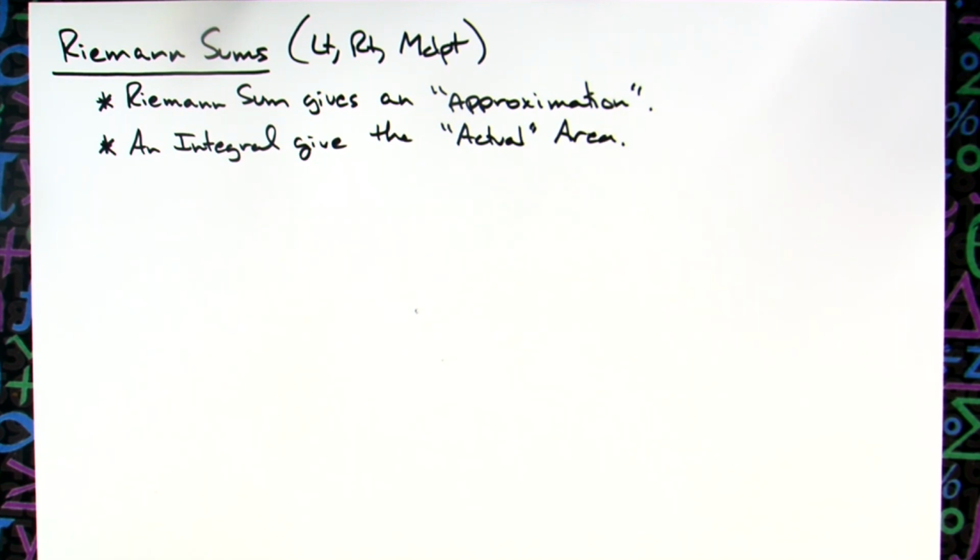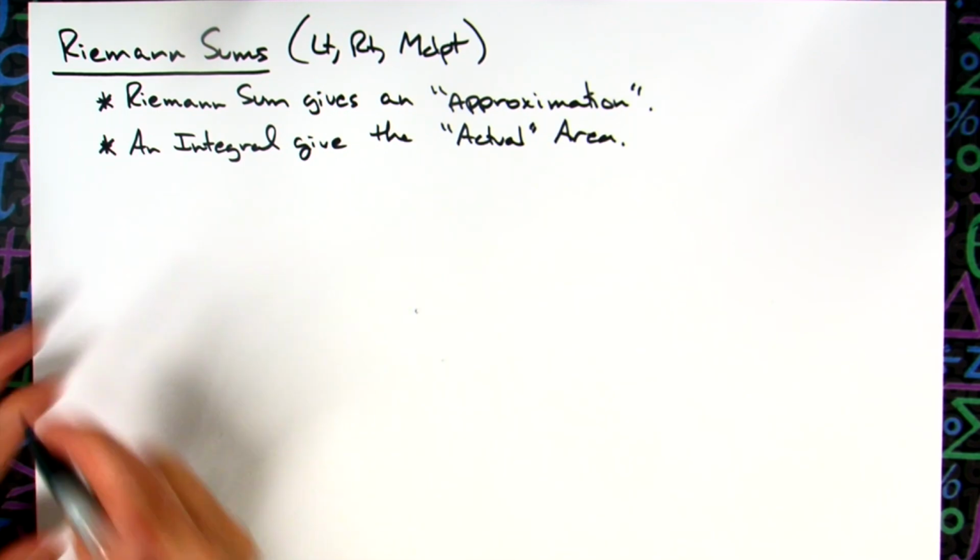It might say use a Riemann sum to evaluate the integral. Okay, if you're using a Riemann sum to evaluate an integral, you are still getting an approximation. Okay, if they want the actual area, it'll be more precise, and it will indicate you're supposed to find the actual area by taking that integral.